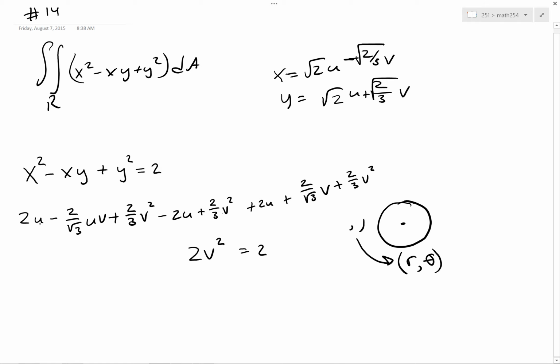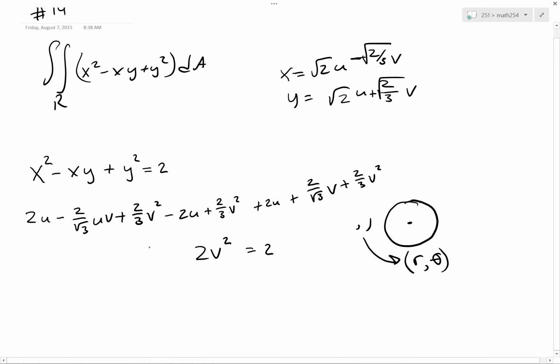And if you add up your 2u squareds, 2 plus 2 is 4 minus 2 is 2. Those are u squareds, 2u squared. And then these cancel out. Yay! Look at that. u squared plus v squared equals 1.